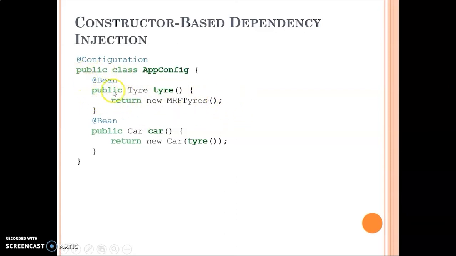Also, this @Bean annotation signifies that this particular method is going to provide us a bean object. You can see here that I have two methods, a tire method and a car method, and I have bean annotations on both because both the methods are going to provide me objects. The tire method will provide me the object of the tire class, whereas the car method will provide me the object of the car class. And you can see here the car class in its constructor is calling the tire.